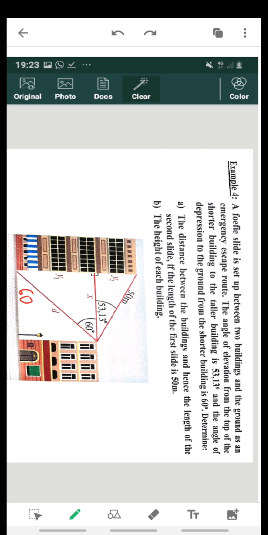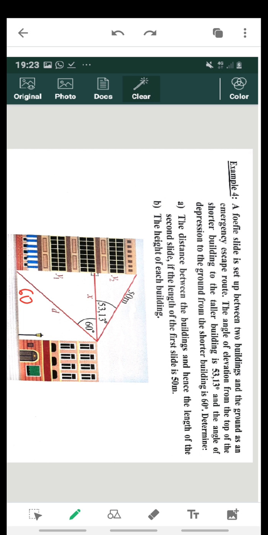So the angle of depression is the one given on the diagram, but I know that the 60 degrees alternating angles will give us the angle of elevation to also be 60 degrees. That is what I've written here at the bottom. The angle of elevation always equals the angle of depression.